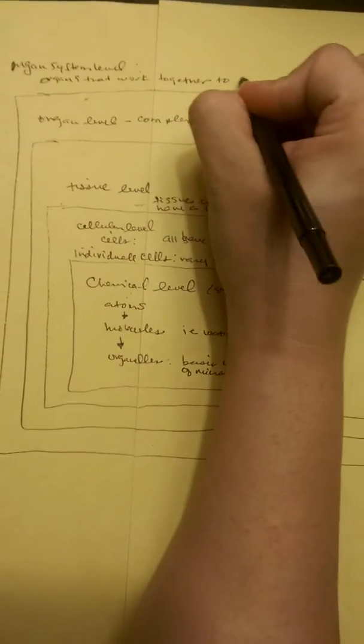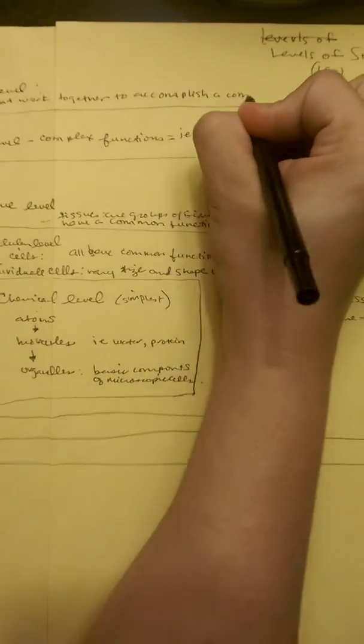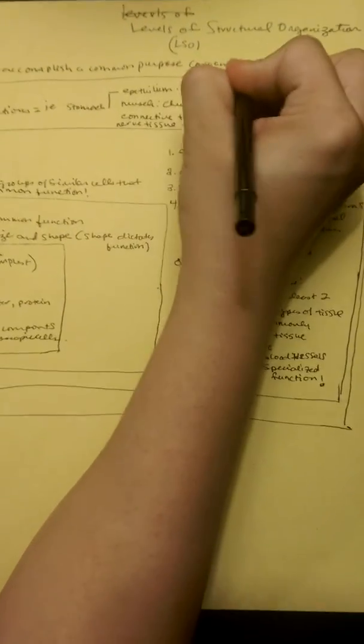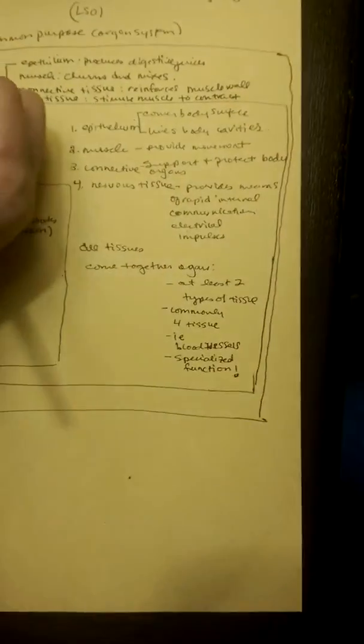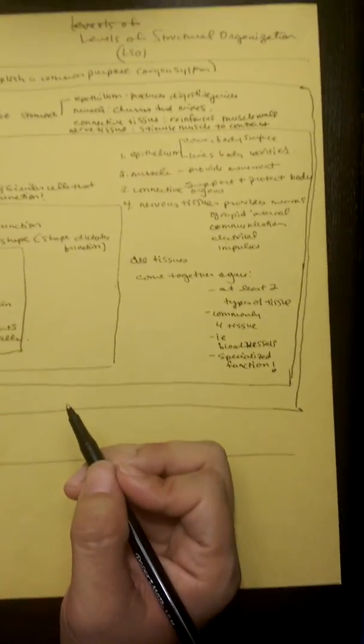And so we call it the organ system. We're going off the page, but we'll go ahead and write down here. And so we have examples.